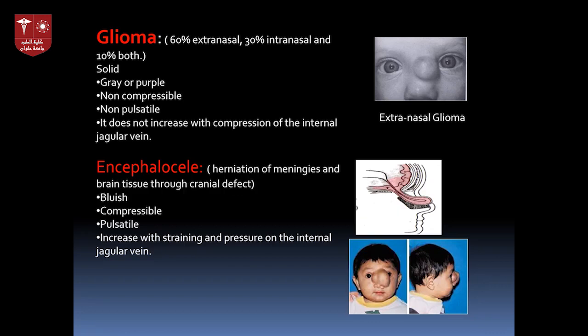This is important to compare with the next one, the encephalocele, which is herniation of meninges and brain tissues through the cranial defect. The encephalocele is bluish, but compressible, here's a difference. Pulsatile, another difference. It increases with straining and pressure on the internal jugular vein.